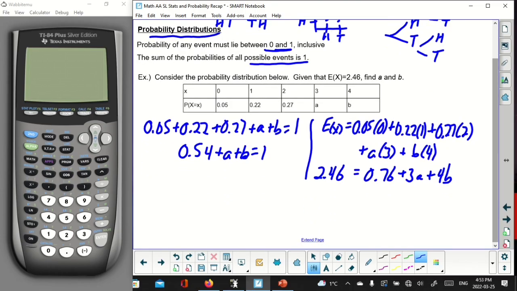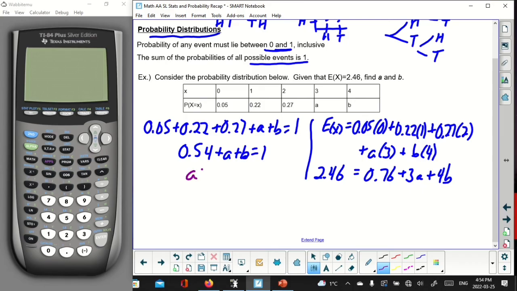One of the main reasons I'm doing this question is that somewhere in this set of videos, we have to have something that involves a system of equations, because it's likely to come up. 1 equation and 2 variables is no good. 2 equations and 2 variables, that gives us hope. And one way that we can solve these, and probably my favorite way, is through substitution. So I'll take what's going on the left-hand side, and I'll just rearrange this equation.